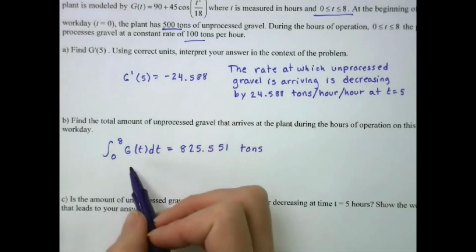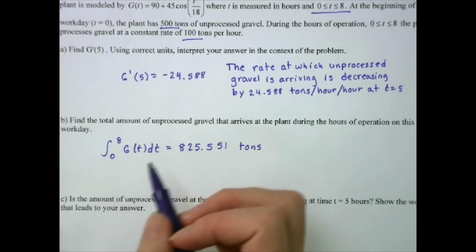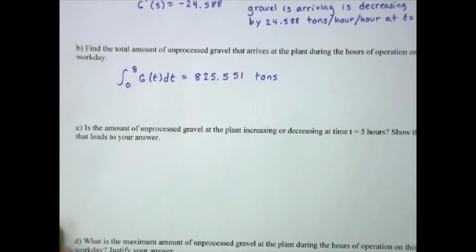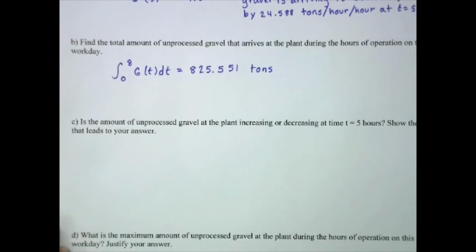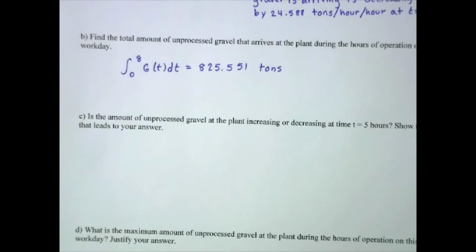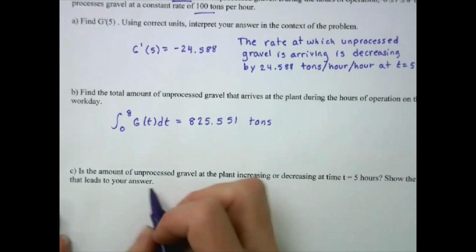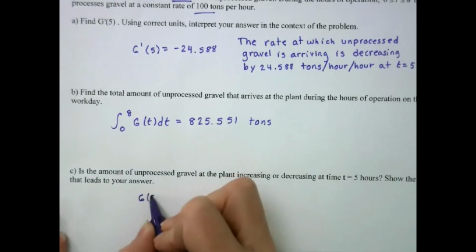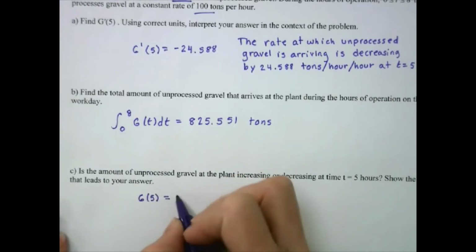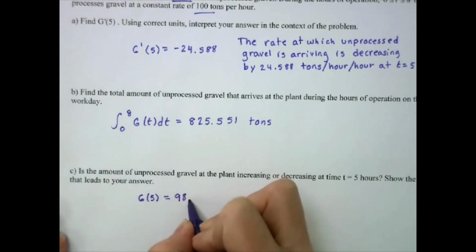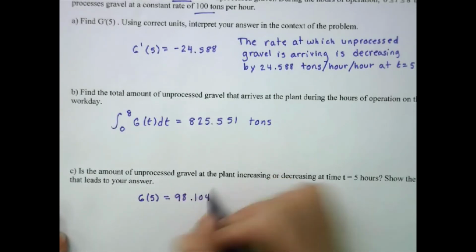Okay, but you want to show this part. Is the amount of unprocessed gravel in the plant increasing or decreasing at time equals 5? Okay, so what we want to look at is what is g of 5, which if we plug that in is 98.104.